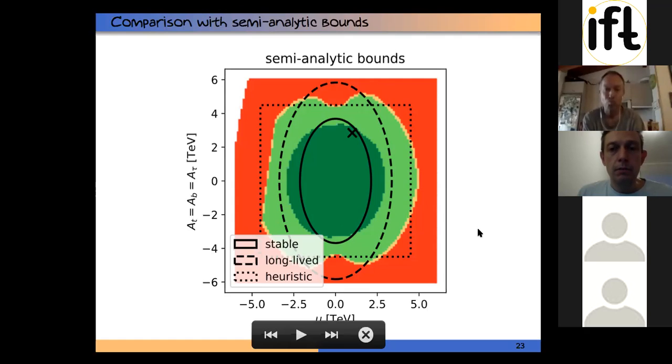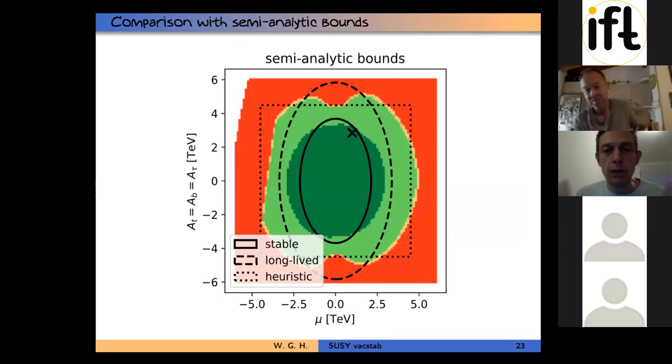Somehow they are all not so bad, and they basically show quite nicely the correspondence to the result from this full numerical minimization of the potential, including all the 6 fields, compared to the estimate in only 1 field direction. I mean, this is quite impressive that these semi-analytic bounds are actually not so wrong.